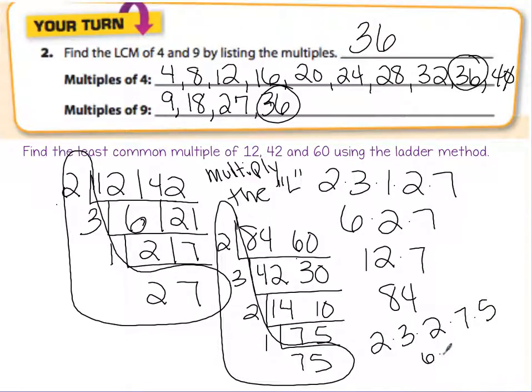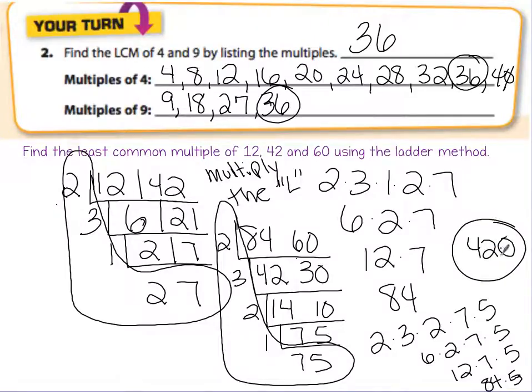So I have 6 times 2 times 7 times 5. 12 times 7 times 5. Well, look at that. I got back to 84. That makes sense because that is one of the numbers I'm working with. Now I do 84 times 5. 4 times 5 gives me 20. Carry the 2. 8 times 5 is 40, plus 2 is 42. So the LCM of those 3 numbers is 420.